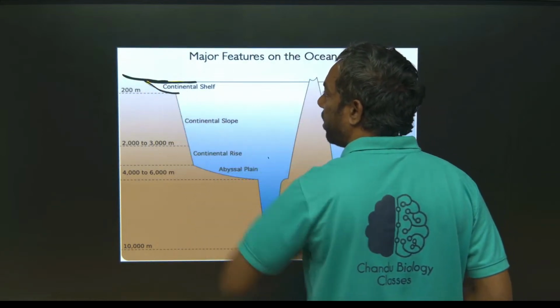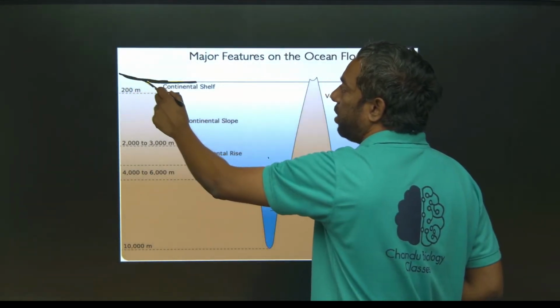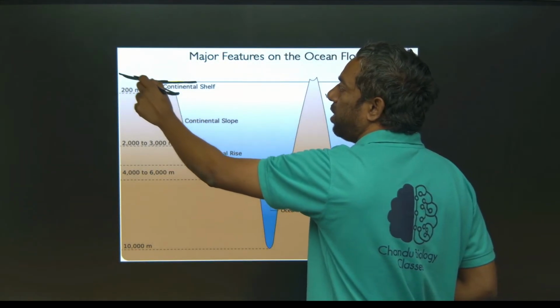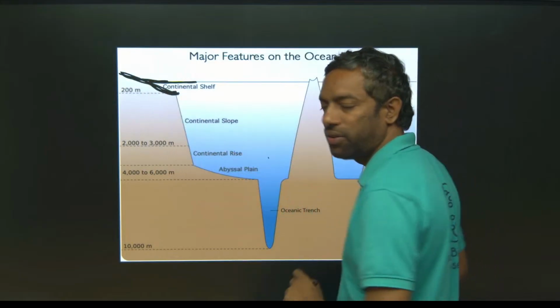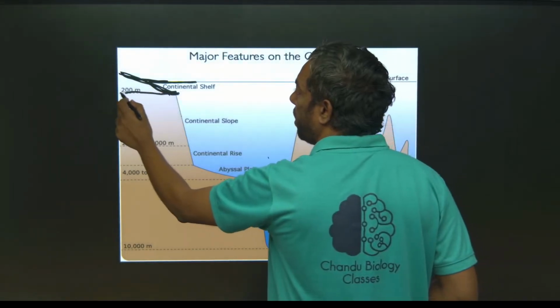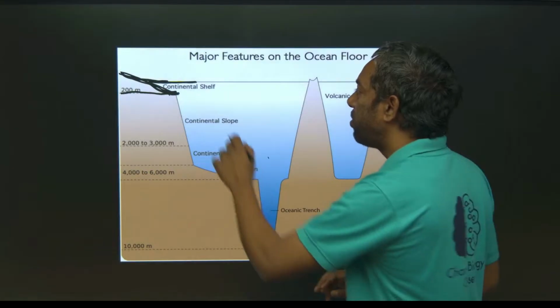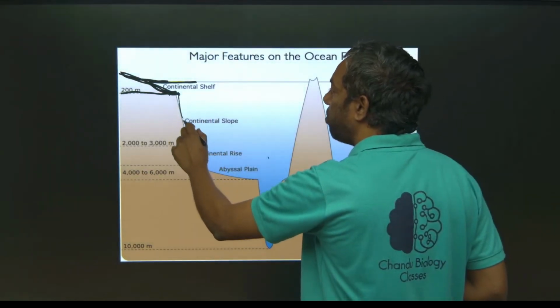On the continental shelf fish harbors take place, up to 200 meters deep. After that, the continental slope.